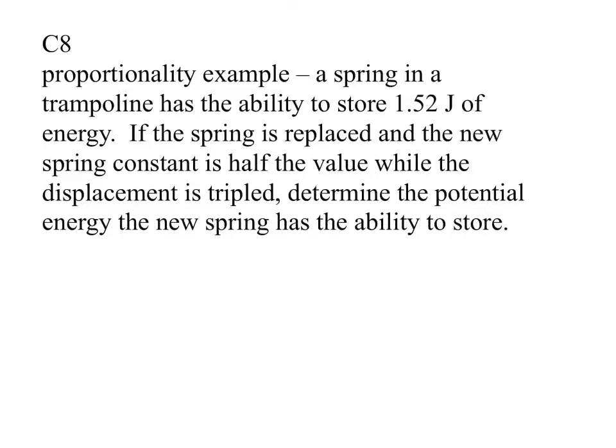Okay? But here's a proportionality example because I think proportionality always helps. So a spring in a trampoline has the ability to store 1.52 joules of energy. Good to know. So that's how much potential energy it has. If the spring is replaced and the new spring constant is half the value while the displacement is tripled, determine the potential energy the new spring has the ability to store.